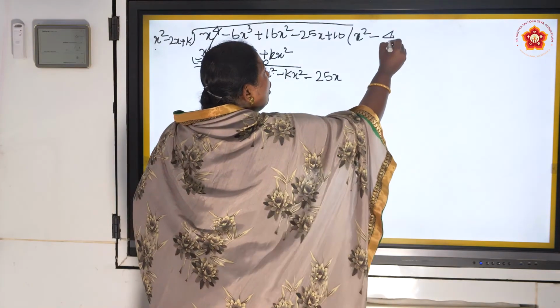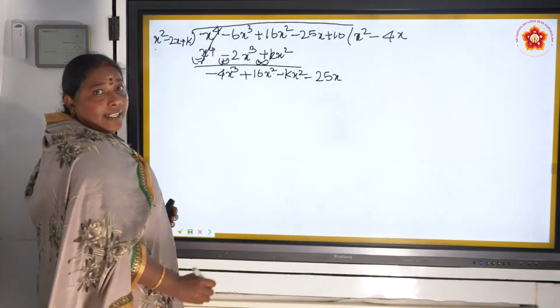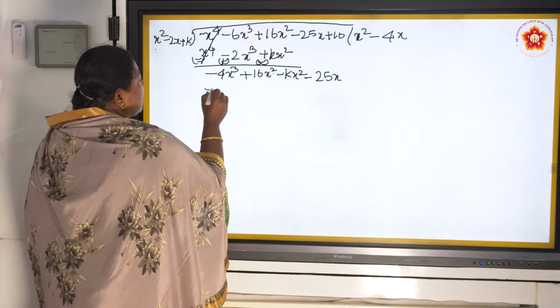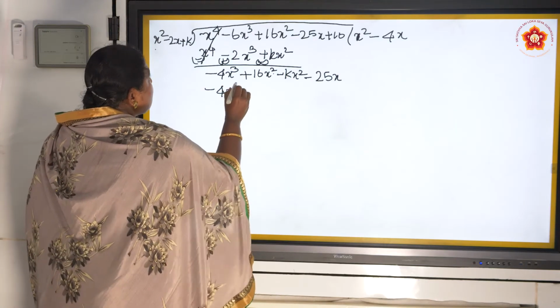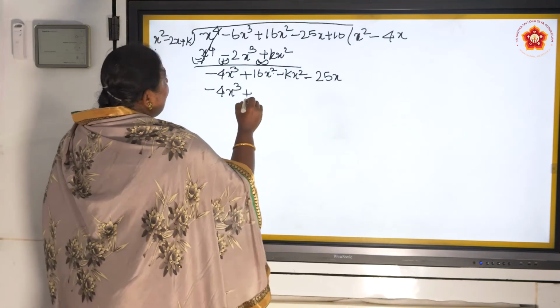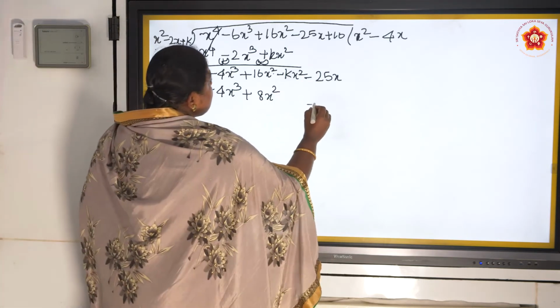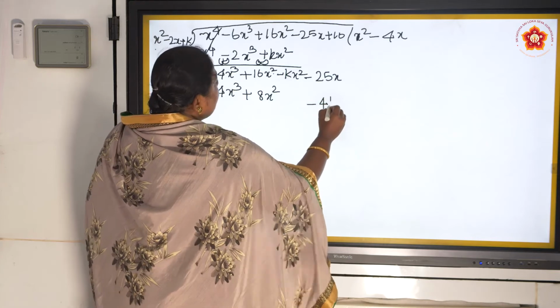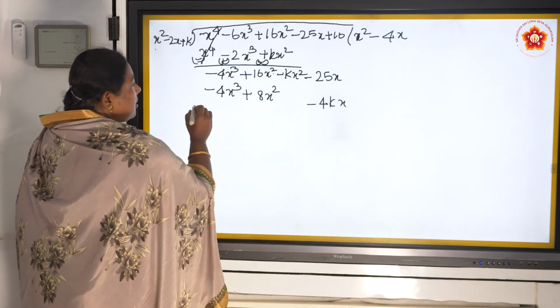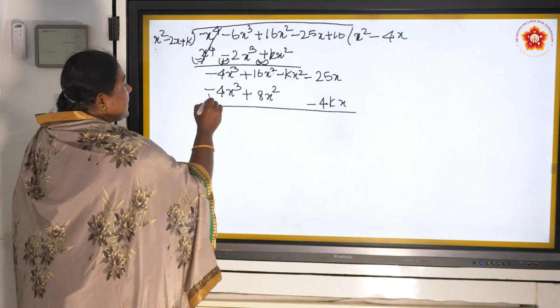Minus 4x, right? If I multiply with minus 4x, what do I get? Minus 4x cube. Next, plus 8x square minus 4kx, right? So it gets cancelled.